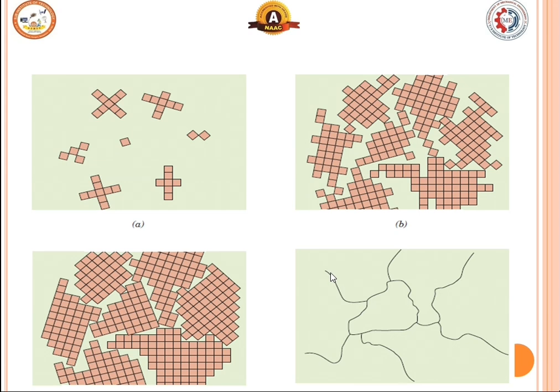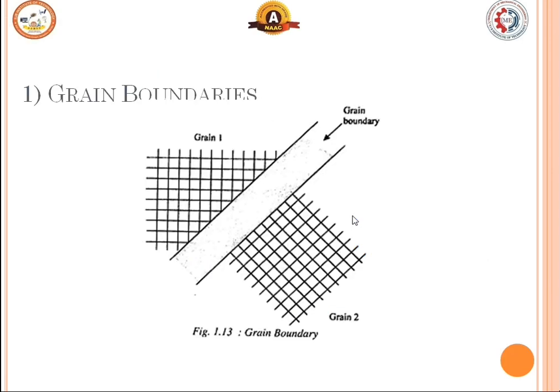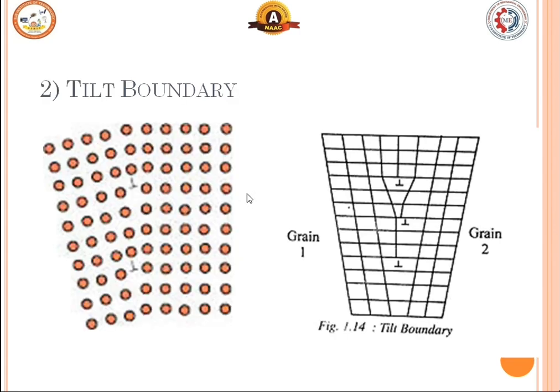The dark line indicates there is a boundary for the atoms. In the optical micrograph of a polycrystalline material, you can see there will be grain boundaries. The grain boundary is connected to grain 1, grain 2 and grain 3. Between grain 1 and grain 2 there will be a grain boundary region.